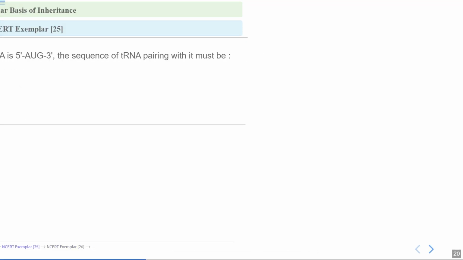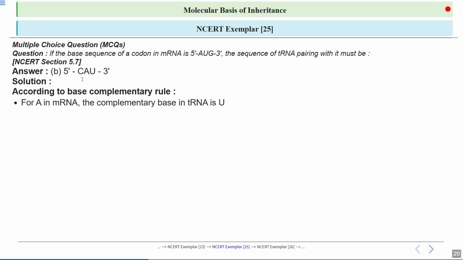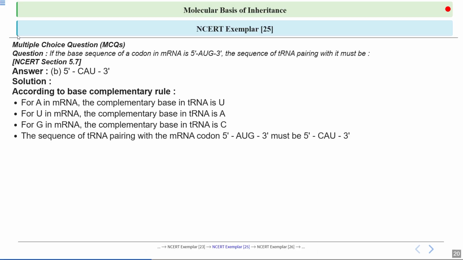So let's have a look at the answer. See, option B, 5' CAU, is the correct answer. Remember the polarity. It is saying 5' to 3'. If you write it 3' to 5', it will be UAC. Now, according to the base complementary rule, for adenine in messenger RNA you have uracil in transfer RNA instead of T, and for uracil in messenger RNA the complementary base in transfer RNA will be A. For G in mRNA, the complementary base will be C. Clear?